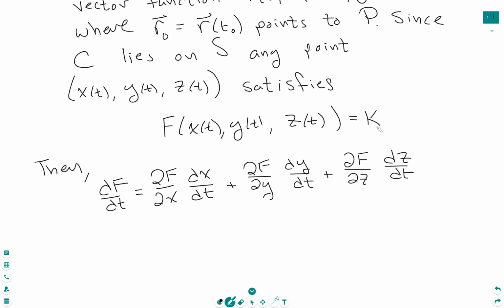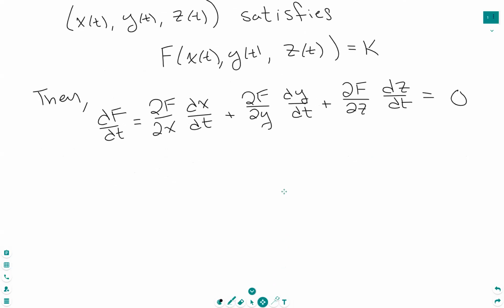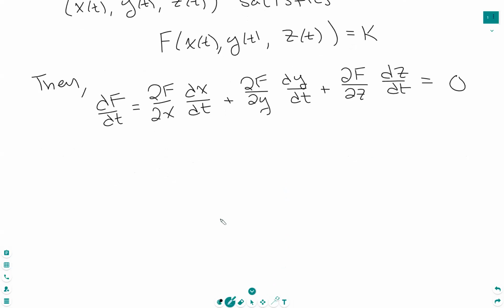But I also have to do the derivative on the other side. I do the time derivative of this k value, and I get that it's just 0. Okay, so what does this relationship mean? It looks like df/dt is equal to 0 in R4.